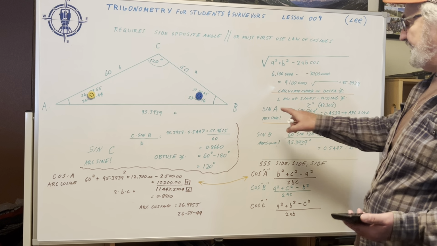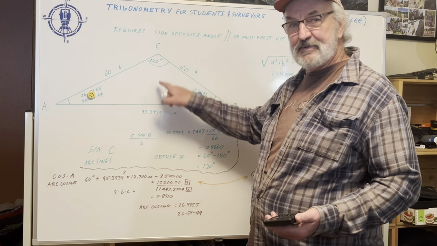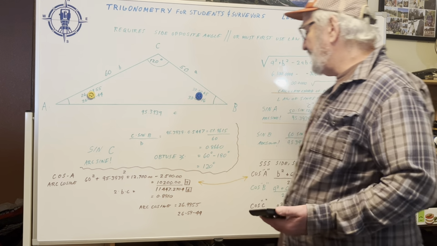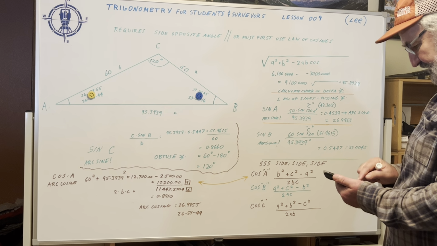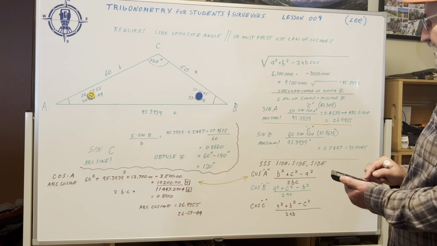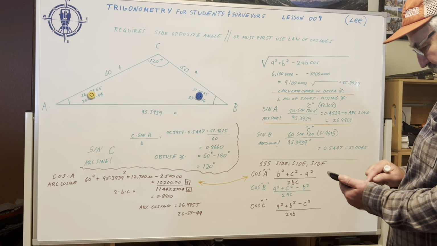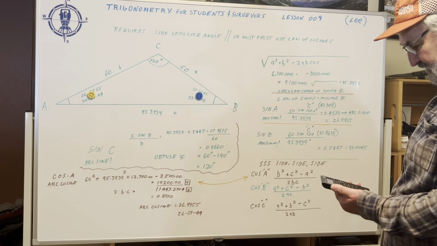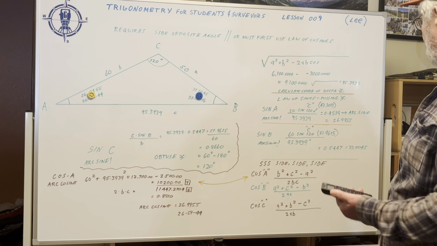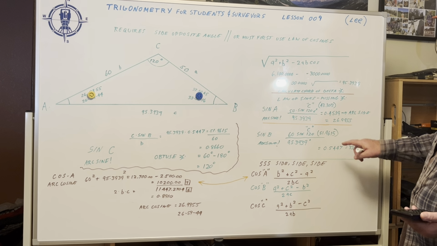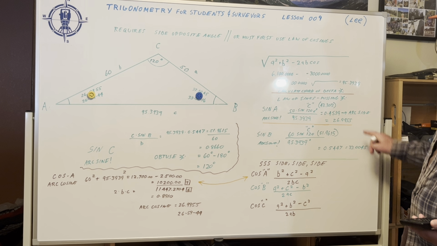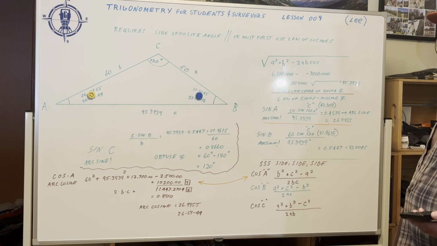Now you want to divide that by the opposite of the angle, 95.3939, and I got 0.4539. That's the ratio.